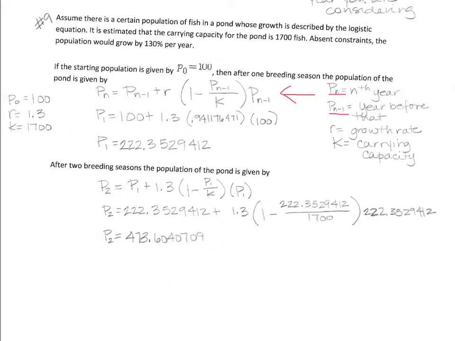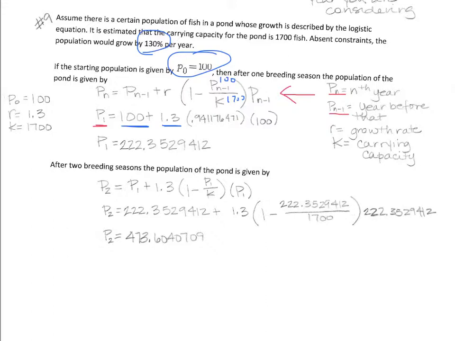So when we plug those numbers in, we're looking for P sub 1. So we'll start with our P sub 0, which we are given right here. 130% is our growth rate, and again, we want to use that as a decimal. And when we plug in our P sub 0 and our K here, and I didn't actually write that out, and I probably should have, it would have been 100 over 1,700.